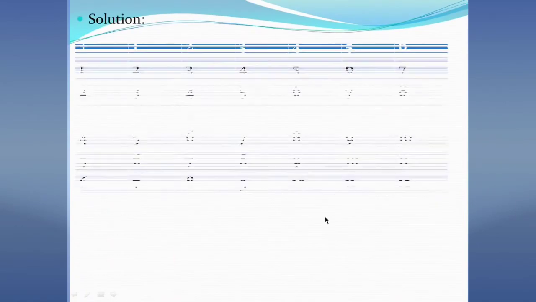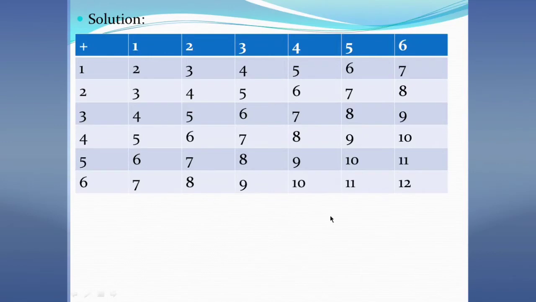Let's proceed to our solution. For letter A, the given problem is tossing a pair of dice. I made a table, which is easier, because if we list the possible outcomes one by one, for example 1, 2, 1, 3, it will be hard.